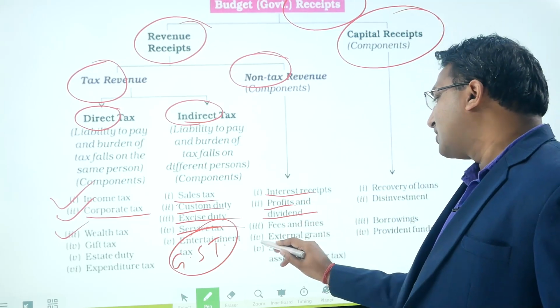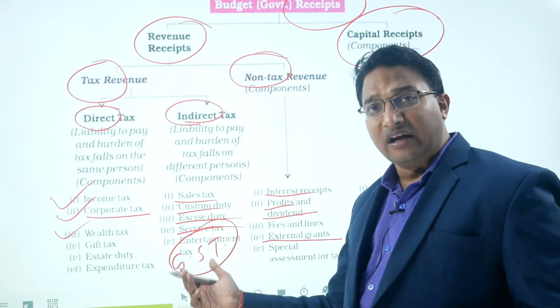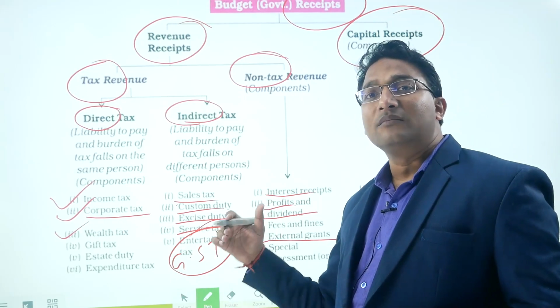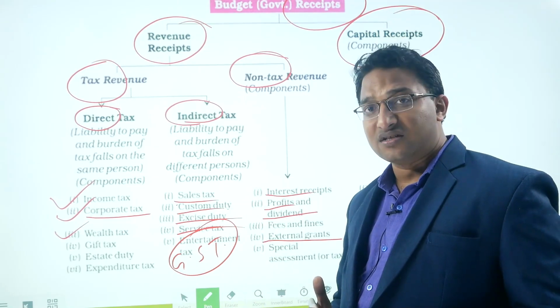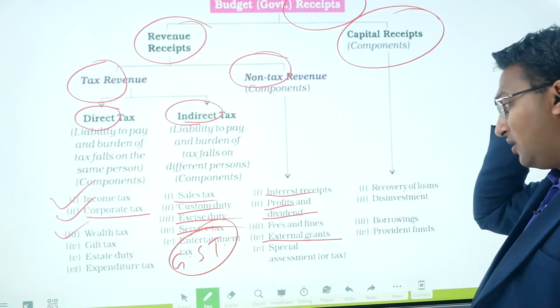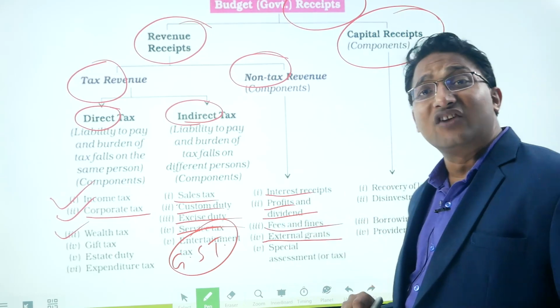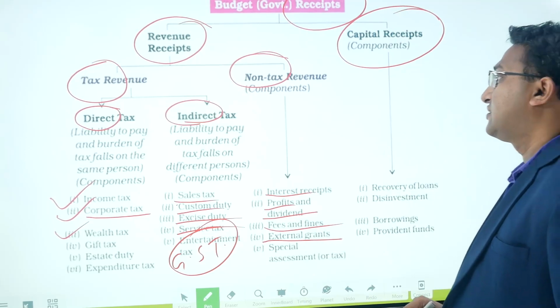Fees and fines, external grants. External grants means the money being received from outside India. For example, Japan gives some grant to India for developing some infrastructure. So that will be part of the external grant. Fees and fines: the government is collecting a lot of fees and fines from us. That is also part of the non-tax revenue receipt.